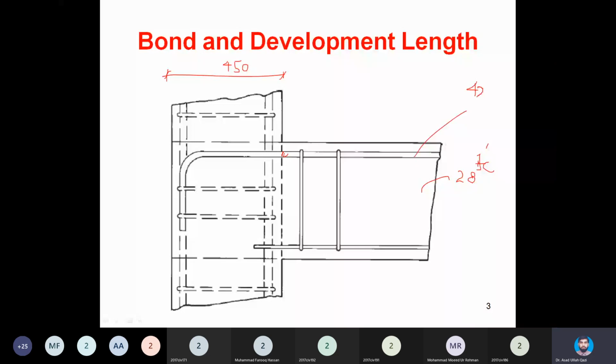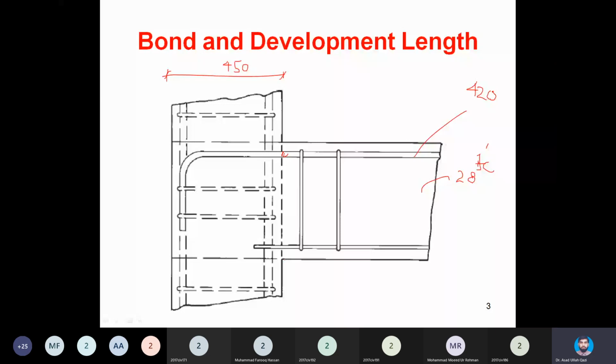I have not done it for top bar. If you do this for top bar, it may be further magnified by 30%, because for top bar, if the fresh concrete below the bar is more than 300 millimeter, you further need to multiply that LD with 1.3.